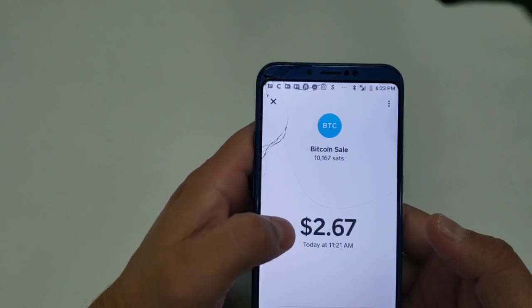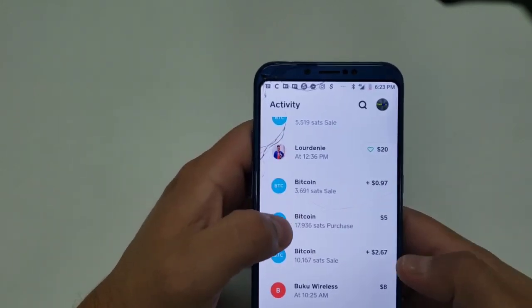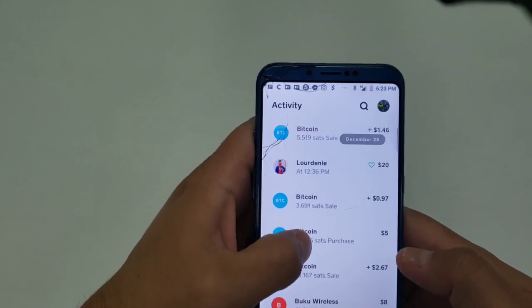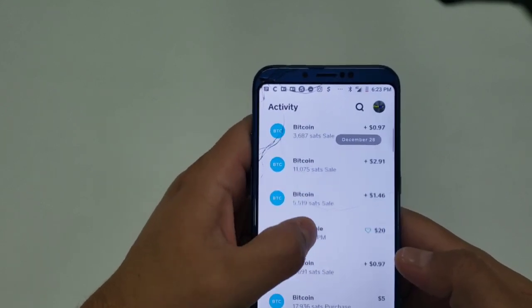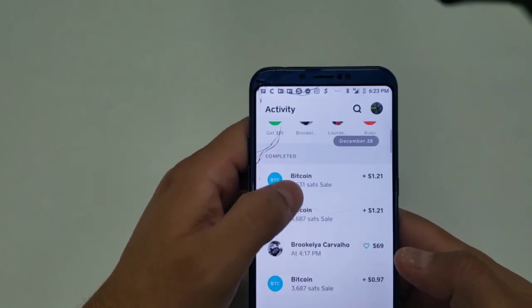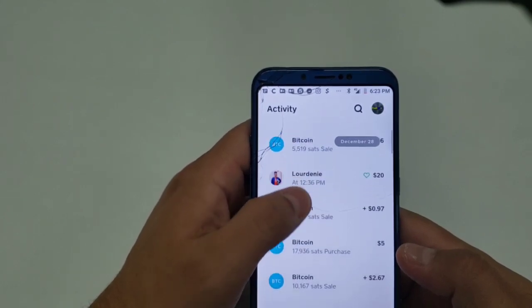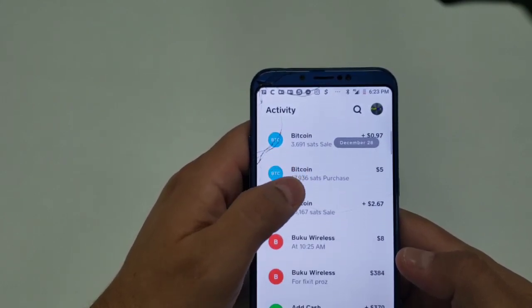Here was another one, 11:21 a.m., 2.67. So what's that? That's 2.50, 8, 9, 10, 11, 12, 13, 14, $15. So it's like $15, but I think I started at 230.